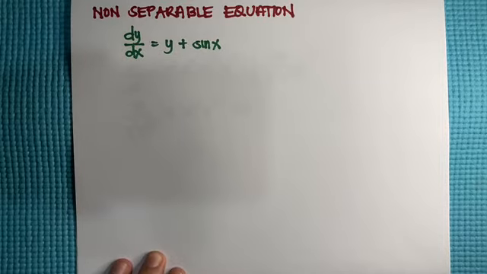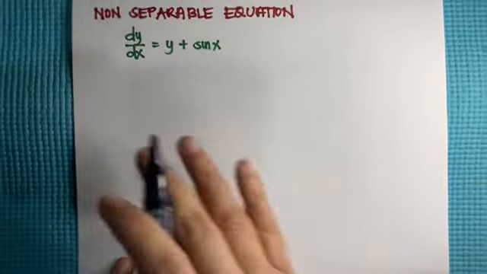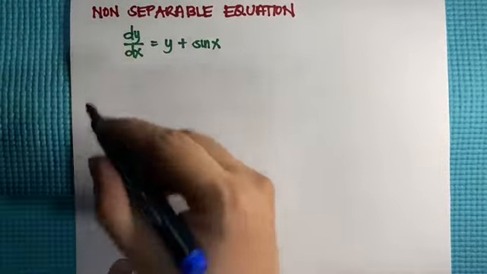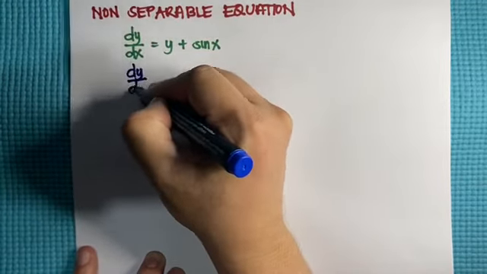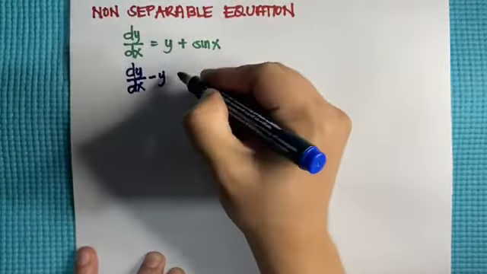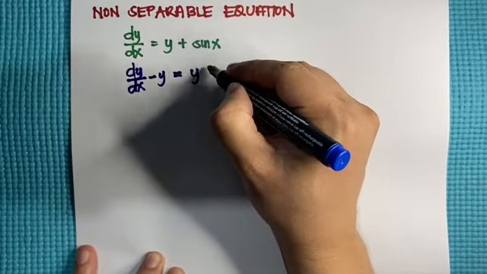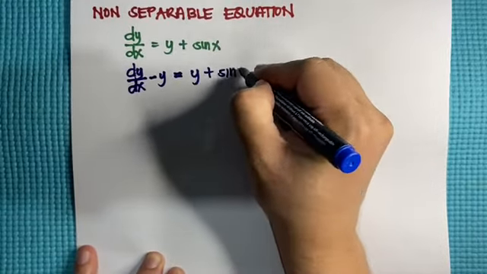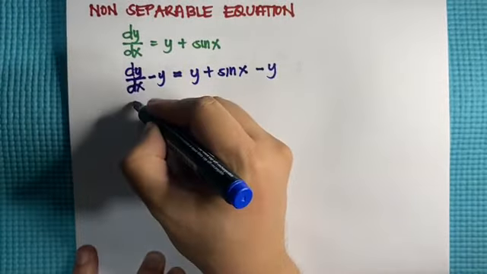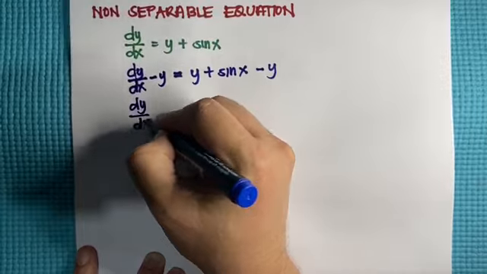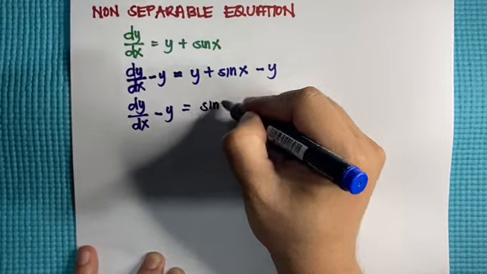Usually if we want all y's on the left hand side and all x on the right hand side, we will be subtracting y on the left hand side as well as subtracting y on the right hand side of the equation. In such a case, we will have dy over dx minus y is equal to sine of x.